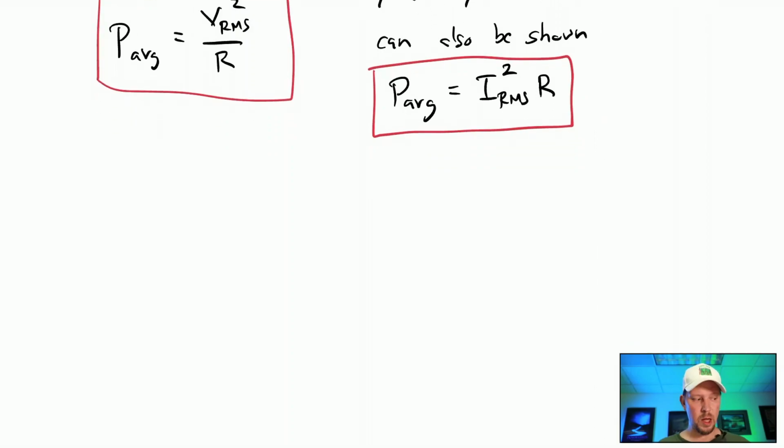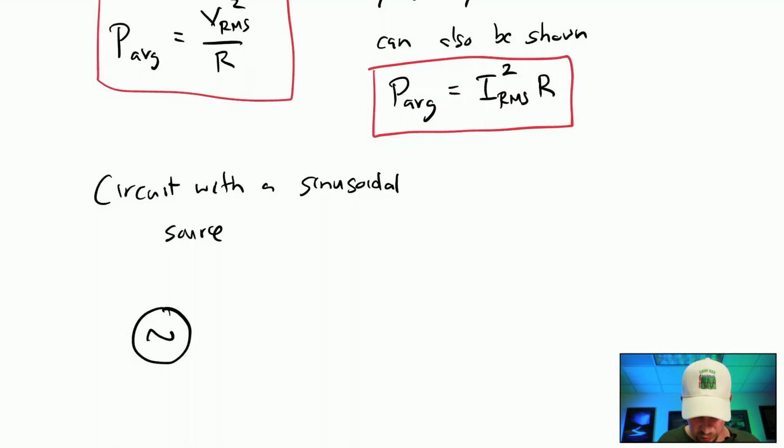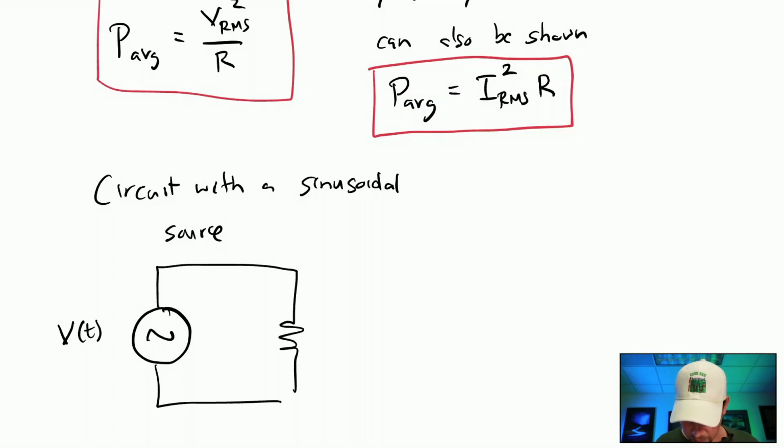Right? What this is literally telling you, and this is one of the reasons why the RMS value is actually important, is that for a circuit with a sinusoidal source, so here we actually have a circuit with a voltage source that is a sinusoid, you hook it up to a resistor like this, right?